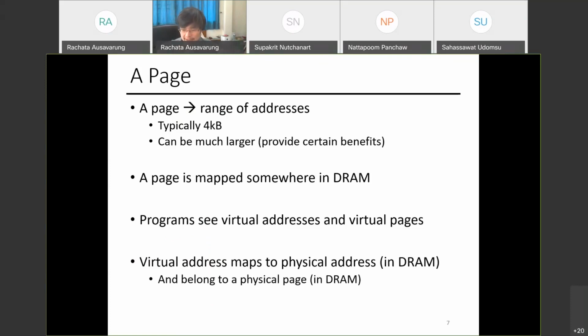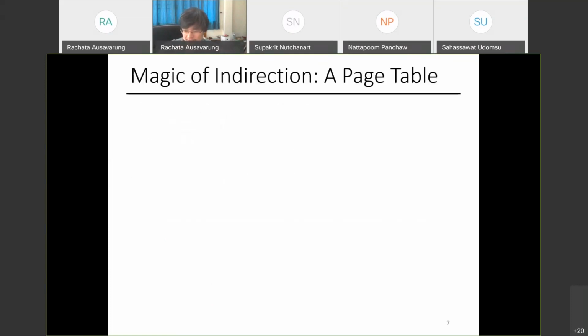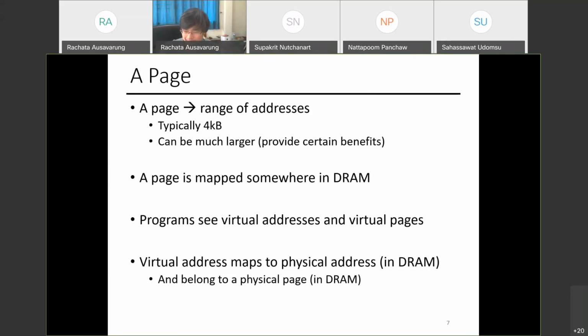So basically you have a virtual address that maps to a physical address. You also have a virtual address mapped to this physical page. It belongs to some certain physical page in DRAM. Right?